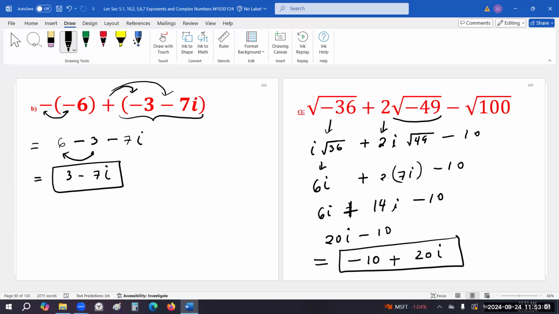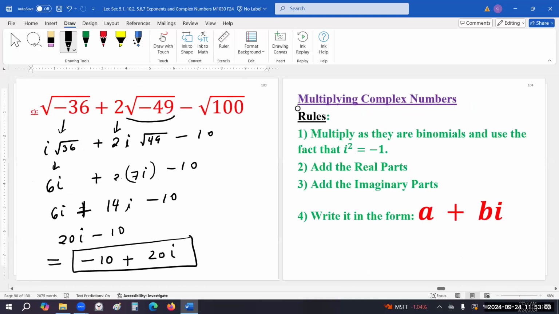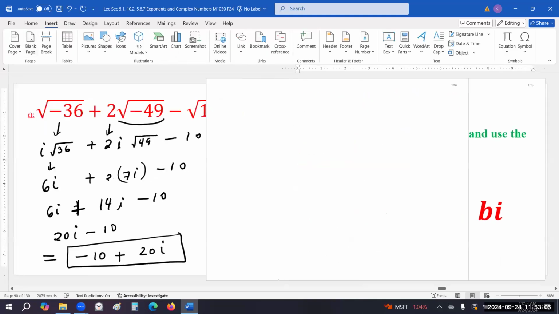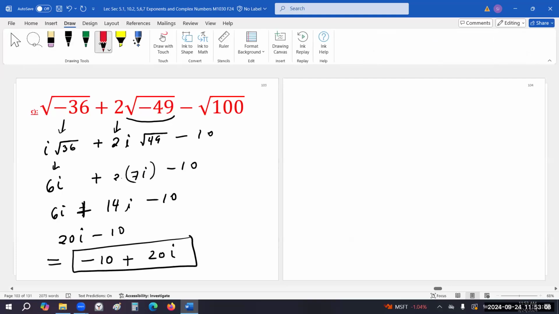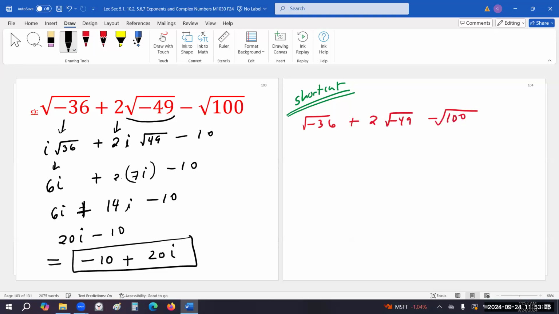This is with more details, but you can do it as a shortcut. We have square root of negative 36, 2 times square root of negative 49, minus square root of 100.